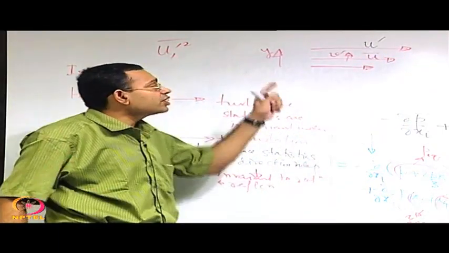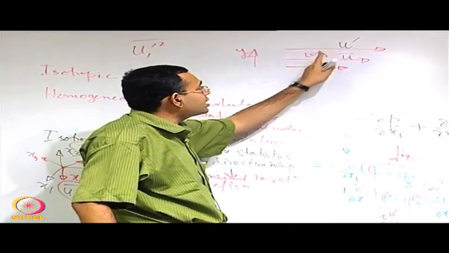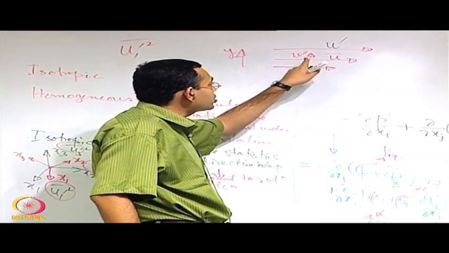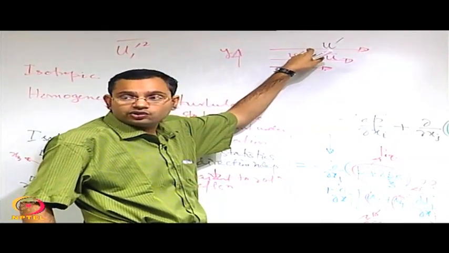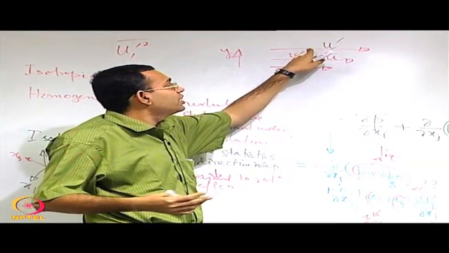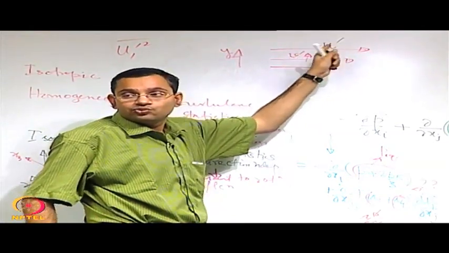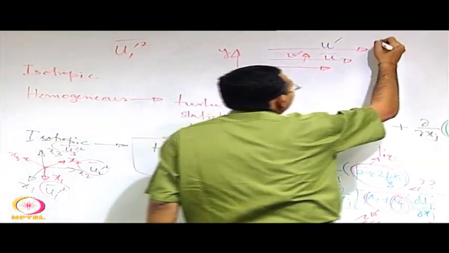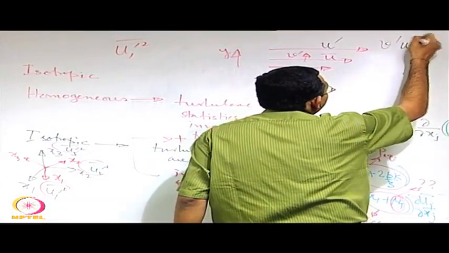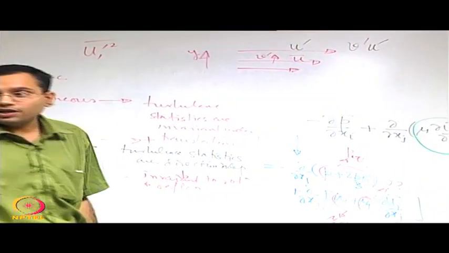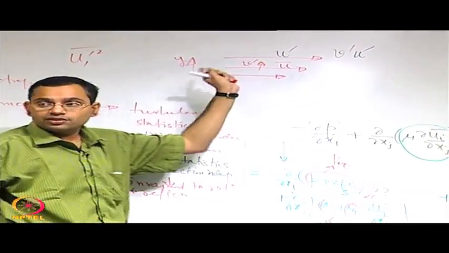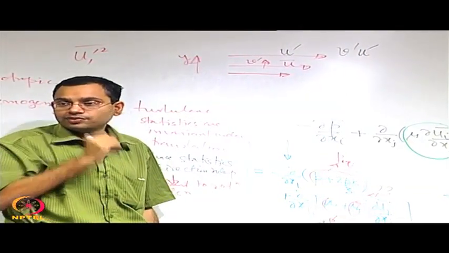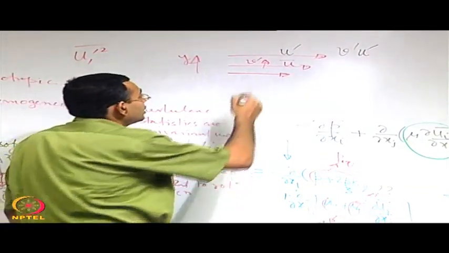That is, the fluctuation in u that is being created because of a v prime from a slower moving layer to the faster moving layer at the top, the effect is a reduction in u. So if you calculate u prime v prime or v prime u prime, this product will be negative for this case, positive v prime, negative u prime.